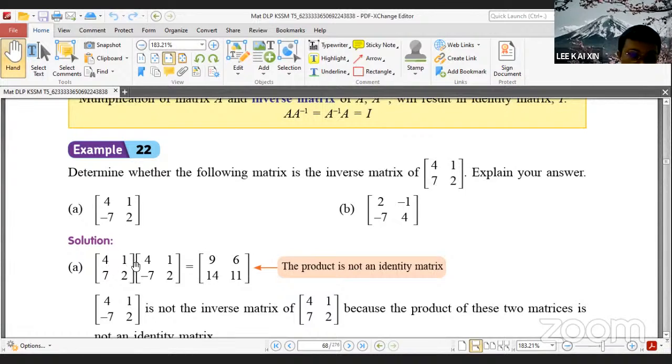So when we times it, you can just use a calculator, you get this answer. So this is not an identity matrix. If it were an identity matrix, it should be in this form. So it's not an identity matrix because it comes out like that. This 4, 1, negative 7, and 2 is not the inverse matrix of this because the product is not an identity matrix.